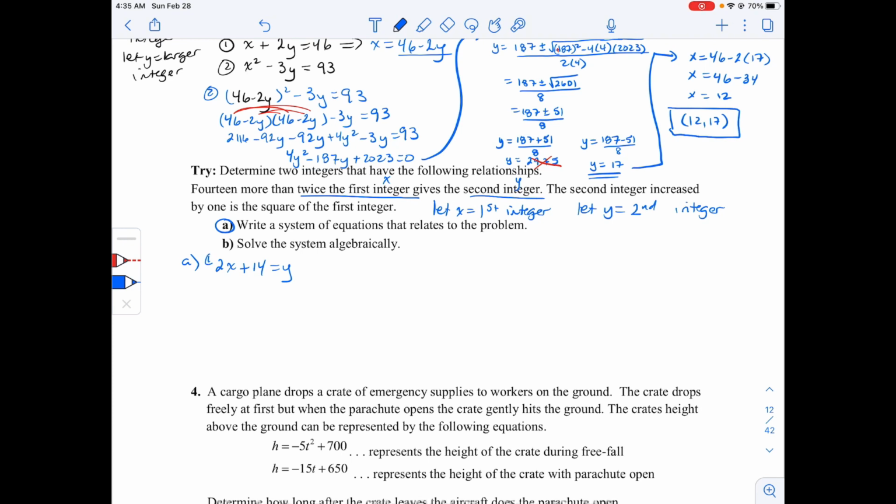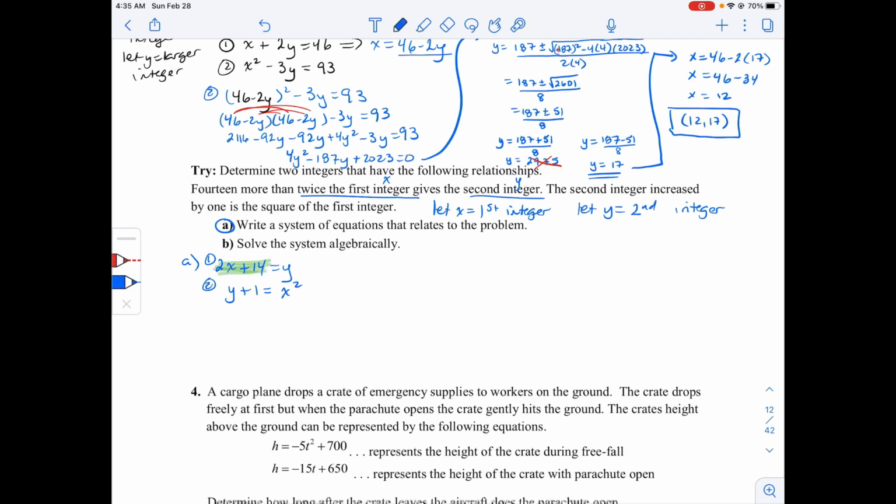In the second equation we can come up with here, the second integer increased by 1 is the square of the first. So there are our two equations, okay? And we could, of course, solve that. I can let you do that. One thing I noticed right away here, if we solve for y, we note that this one is already isolated, okay? y is already isolated.